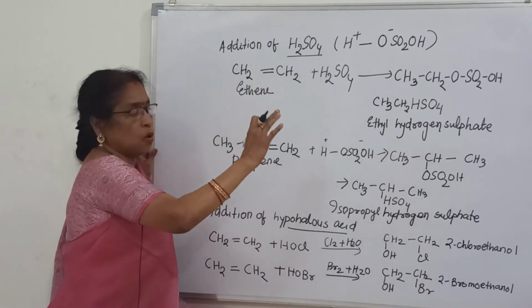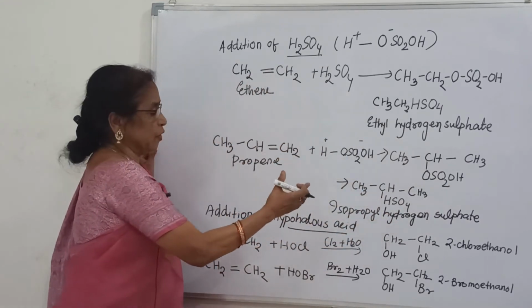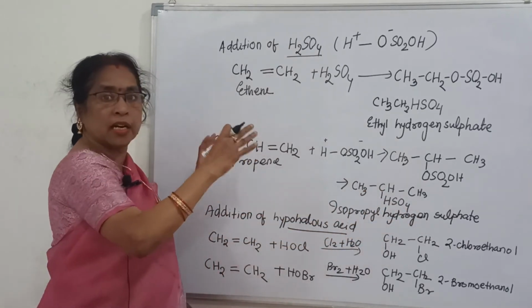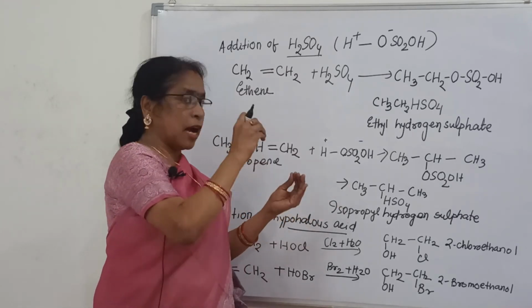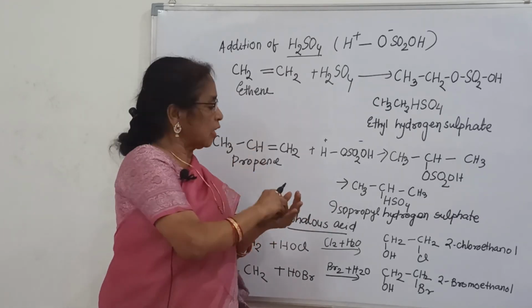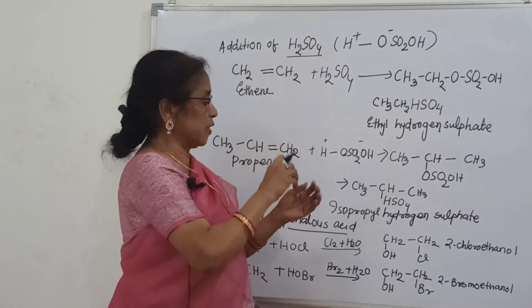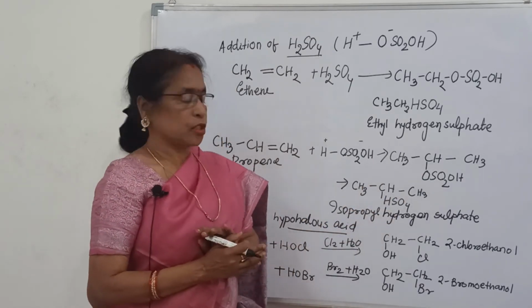Instead of OSO2OH, you can write HSO4. The name is isopropyl hydrogen sulfate, because hydrogen sulfate is attached to the isopropyl group.